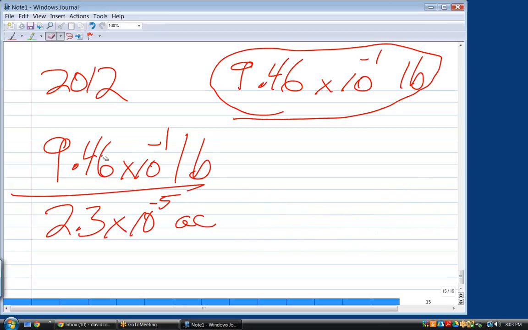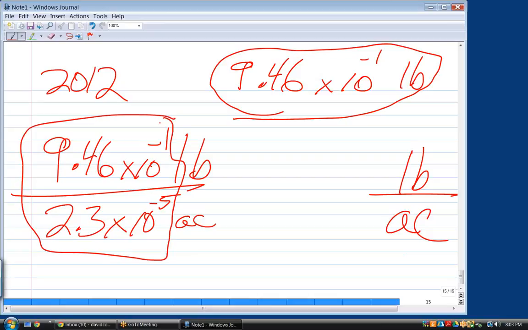I can handle this number divided by this number, and then I can handle pounds per acre. So if I start right off with pounds per acre, that's what I'm looking for. So all I have to do is this part.